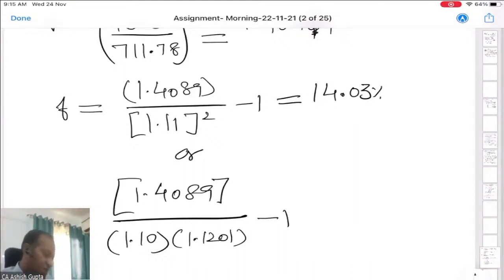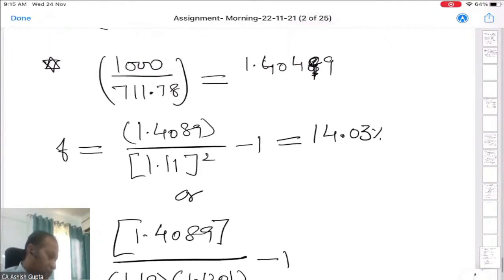There is a small difference due to rounding up. Sorry, it's my mistake. It's a 489. Just write it like that.